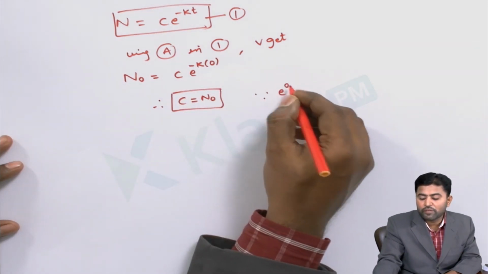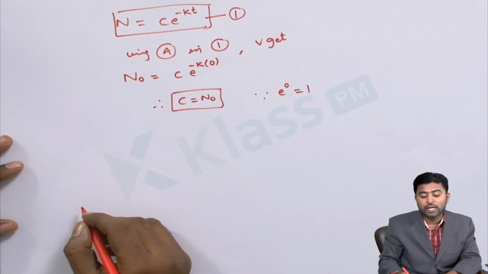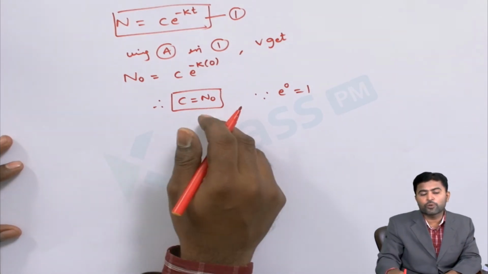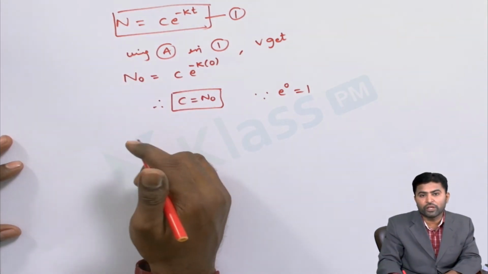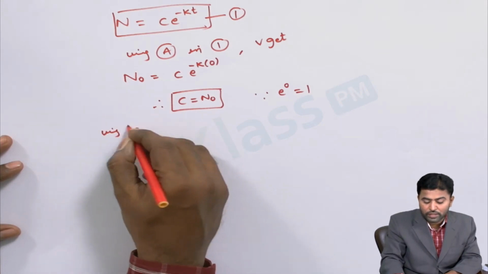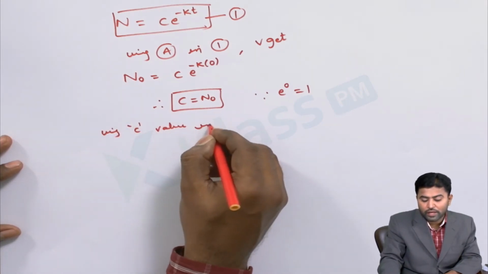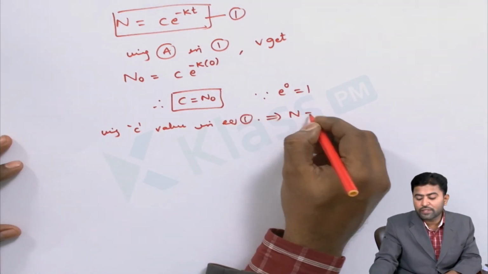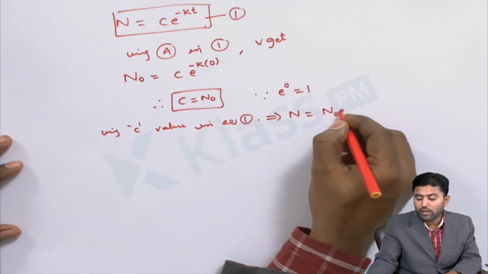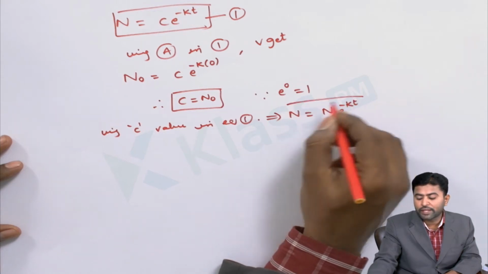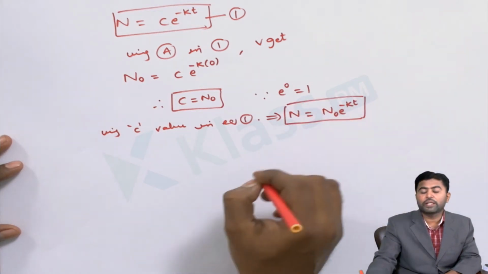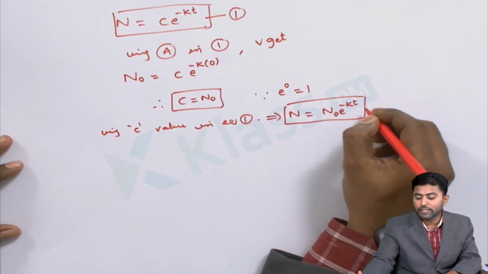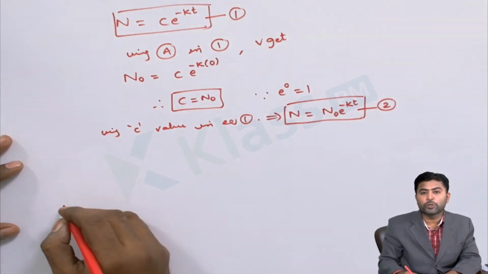I got the value of c, then I'll use it in equation 1. So we get n is equal to n0 into e power minus kt. I'll mark this as equation 2.